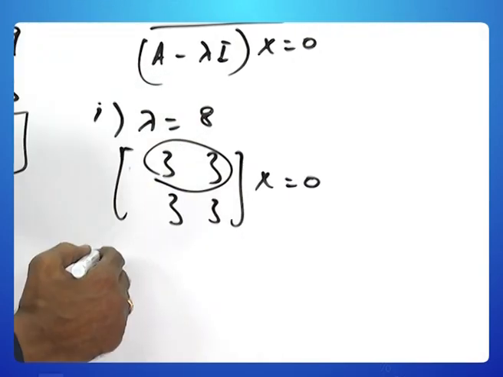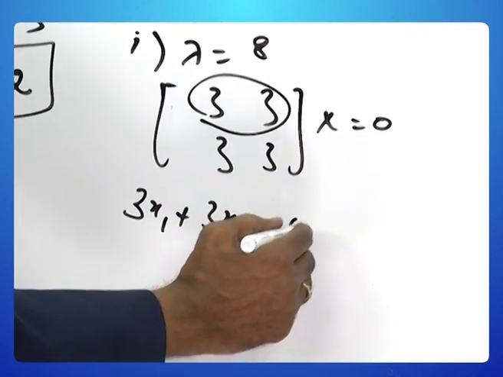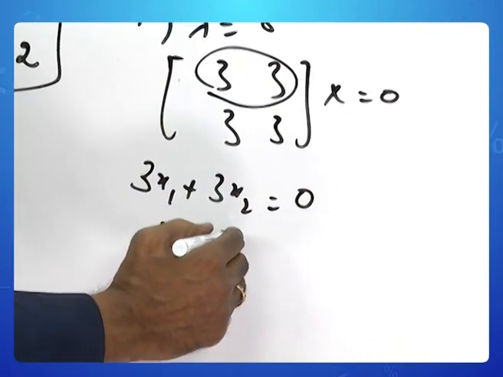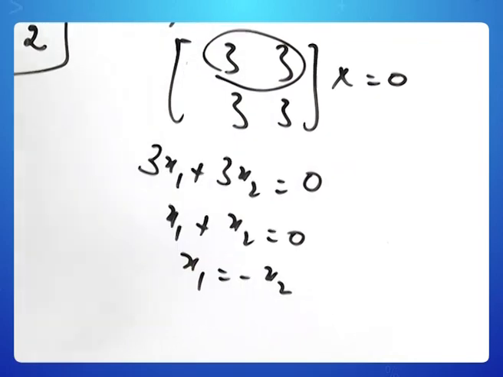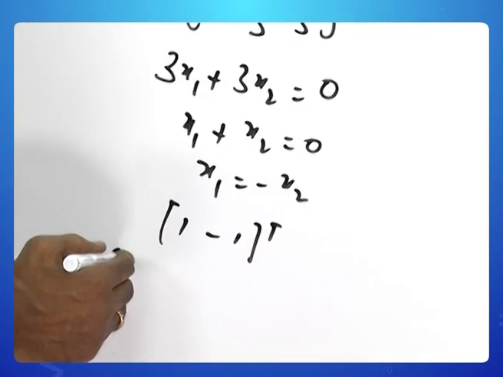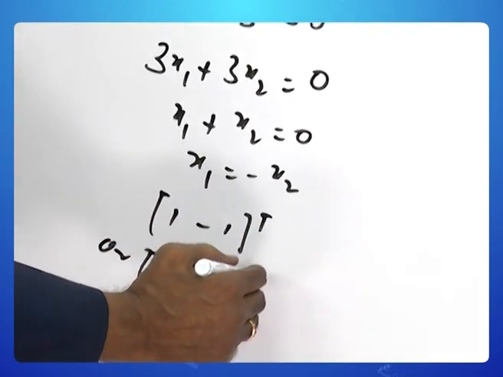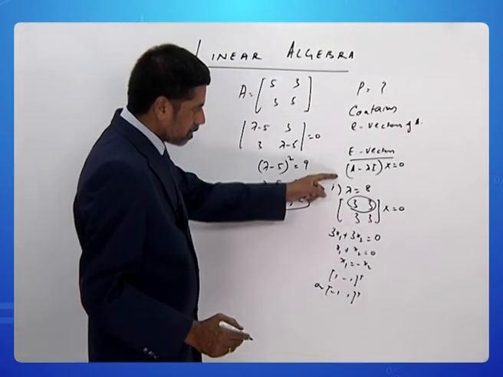Therefore, let's take the first row. 3x1 plus 3x2 is equal to 0. That is x1 plus x2 is equal to 0. x1 is equal to minus x2. So we can get the vector as 1 minus 1 transpose or minus 1 1 transpose. We can use any of these two as the eigenvectors corresponding to lambda is equal to 8.